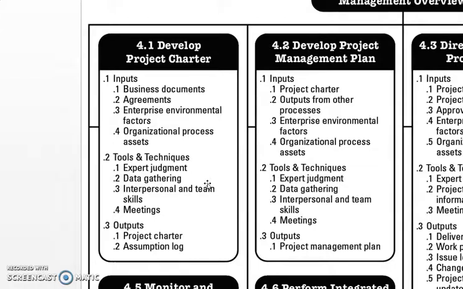It's an agreement between the client and the management. If you give your project to a third party company, mostly you have to execute a contract. That also comes under agreements. If you do the project in-house, then there will be an agreement between your management and your team.